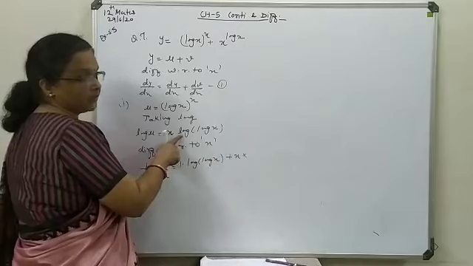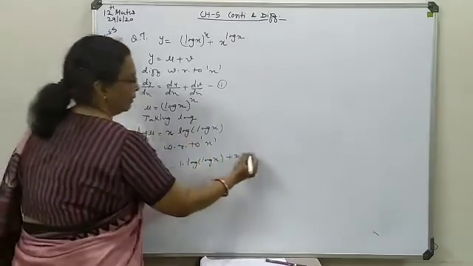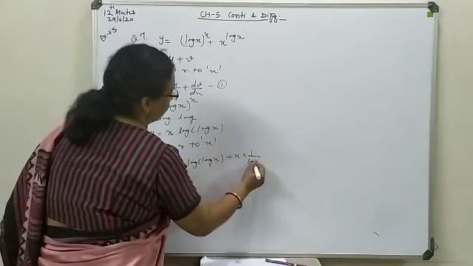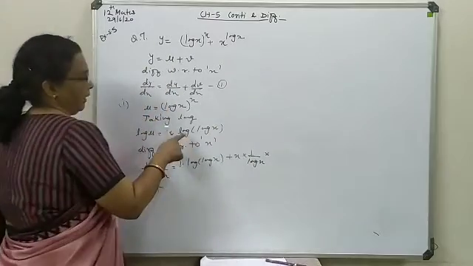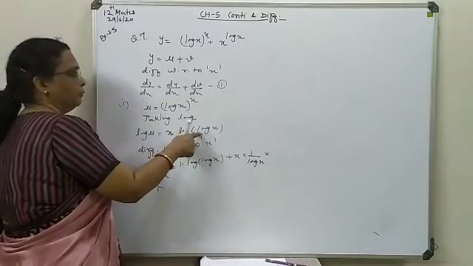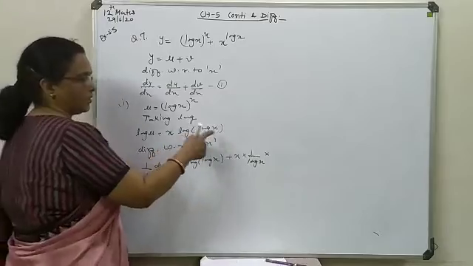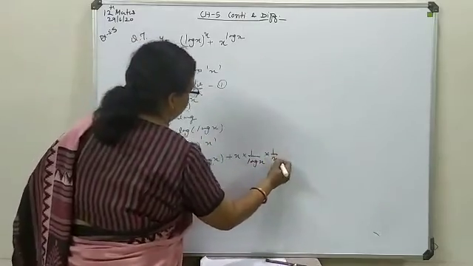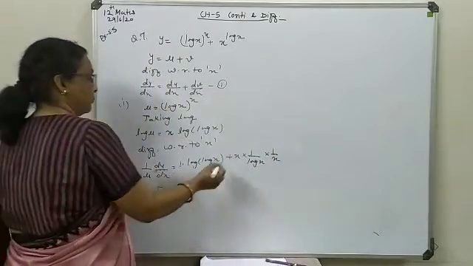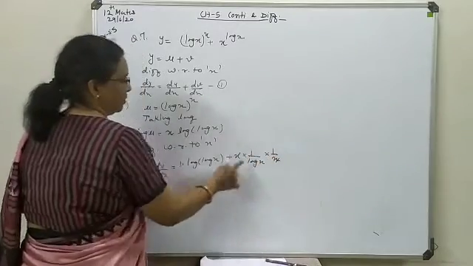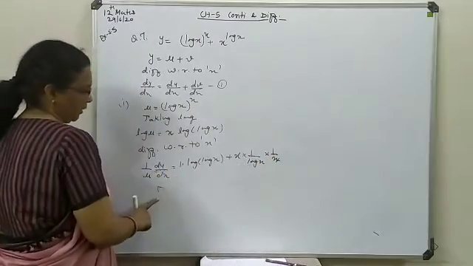So first of all, with respect to this outside log, it will be 1 upon log of x. Then as a chain rule, you will write the derivative of this log x as 1 upon x. So from here you will see this x and x will cancel, you will be left with only 1 upon log x form.